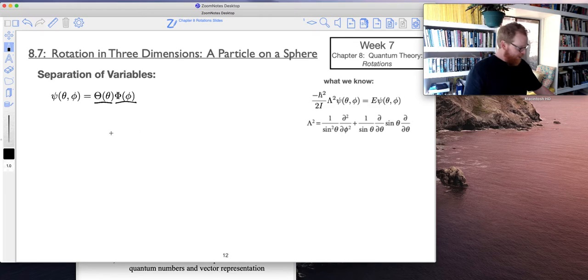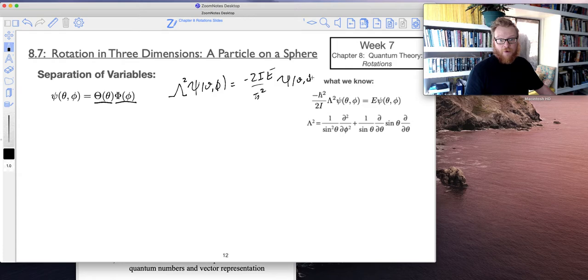So the first thing that I'm going to do is write up here: Legendrian squared psi of theta phi equals negative 2IE divided by h bar squared times psi of theta and phi. And so now, right, I just moved all the constants over.